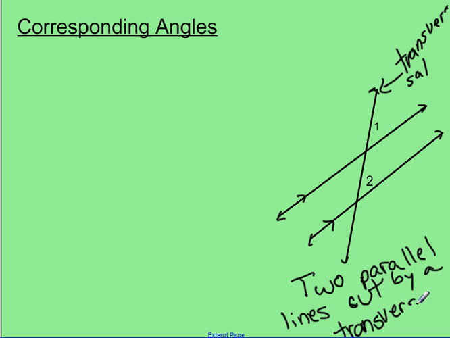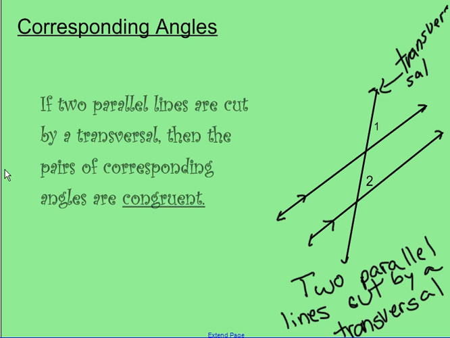And there are several important properties, several important relationships you need to know in this situation. The first is corresponding. When we have two parallel lines cut by a transversal, then the pairs of corresponding angles are congruent.